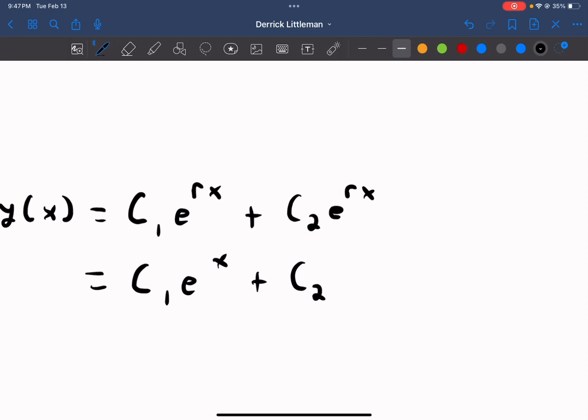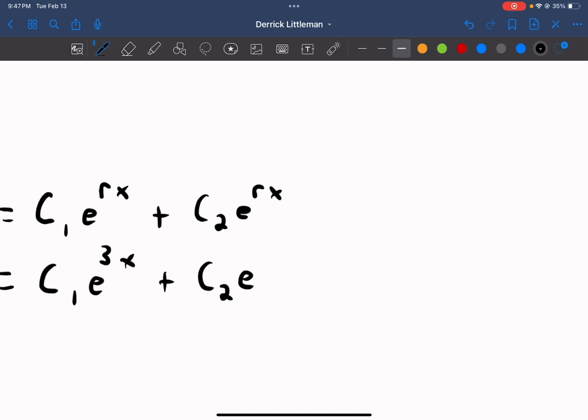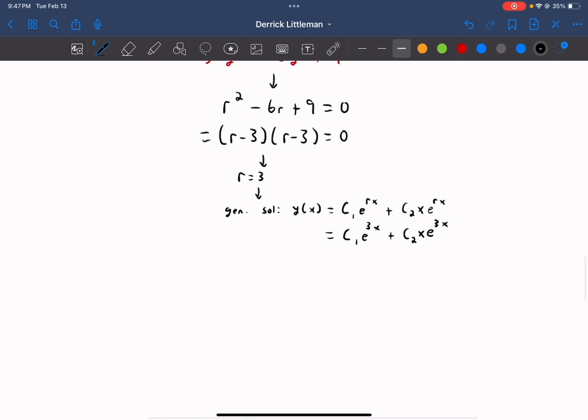So we get c1 e to the 3x plus c2 x e to the 3x. Okay, that is case number 2.